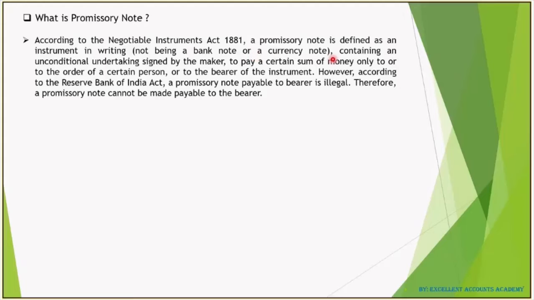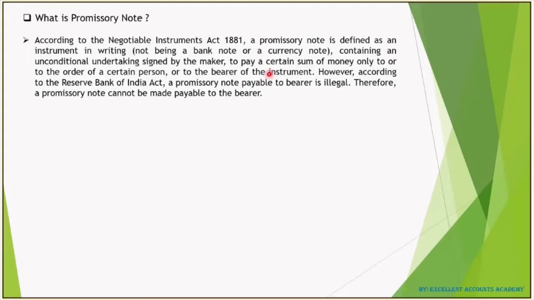So this promissory note should contain an unconditional undertaking signed by the maker to pay a certain sum of money only to, or to the order of, a certain person or to the bearer of the instrument.